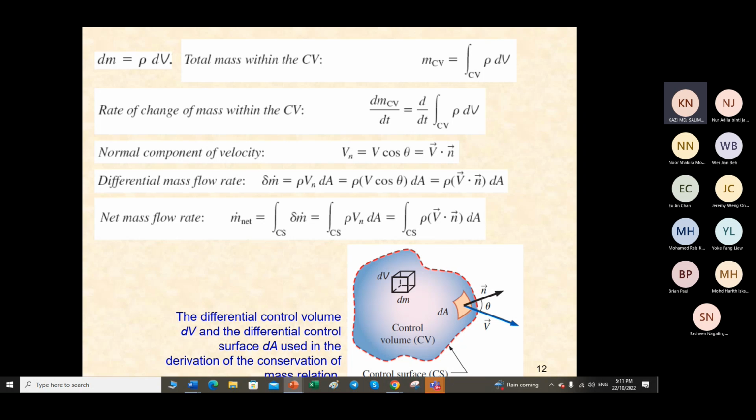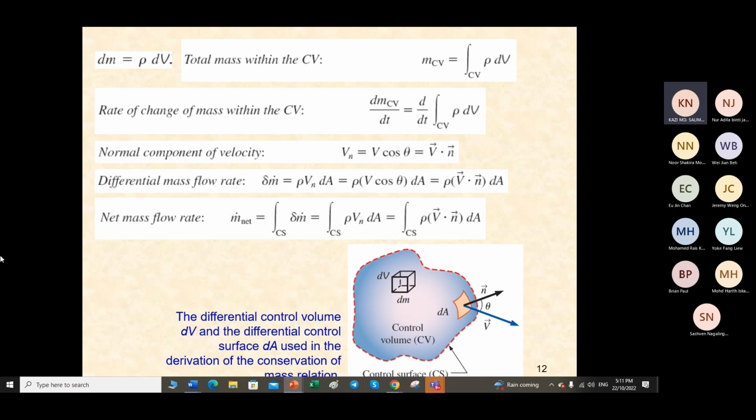With it, we can write rho V cos theta, Vn, along this direction. Mass flow is perpendicular to the flow direction. Then we can find rho V dot n vector into dA. So the net mass flow rate will be the integration over the control surface of delta m, representing rho V dot n dA.